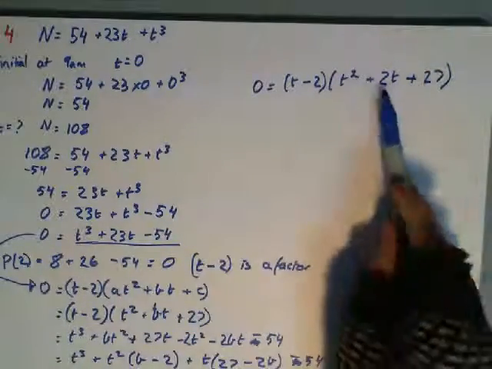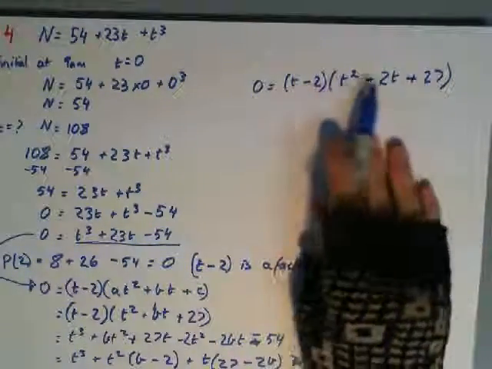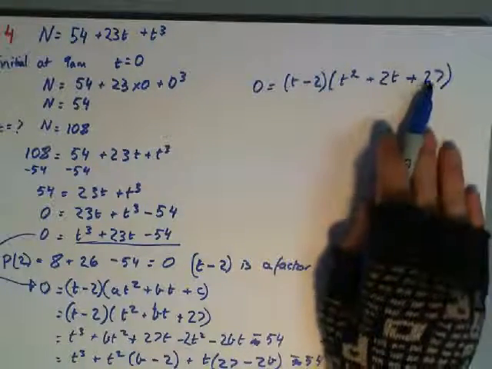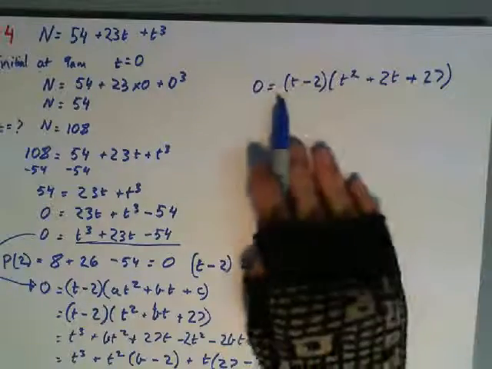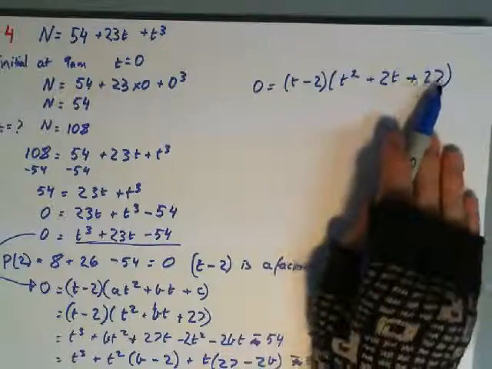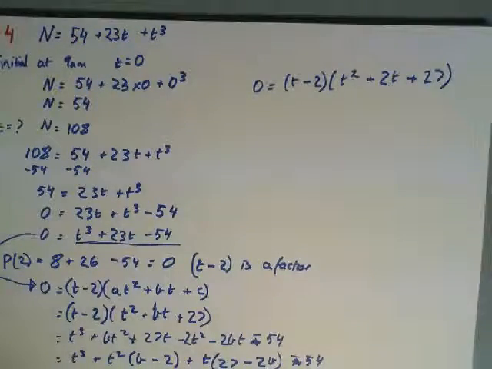Okay, so it turns out it's not 0, as I thought it might have been. Now we can have a look at this and see if we can simplify this. 27 is not going to be good. So two factors of 27 that add up to positive 2.